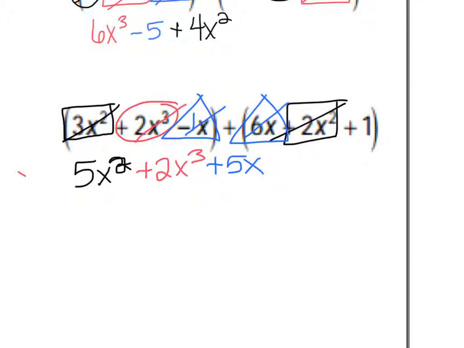And then all that's left, you can even see, looking through it, again, this is why it's helpful to cross them out, is this positive 1 that's left. So I'm just going to attach it to the end. So I've got lots of x's, but this one's an x squared, this one's an x cubed, and this one's just an x. So since they're not like terms, there is my final answer.